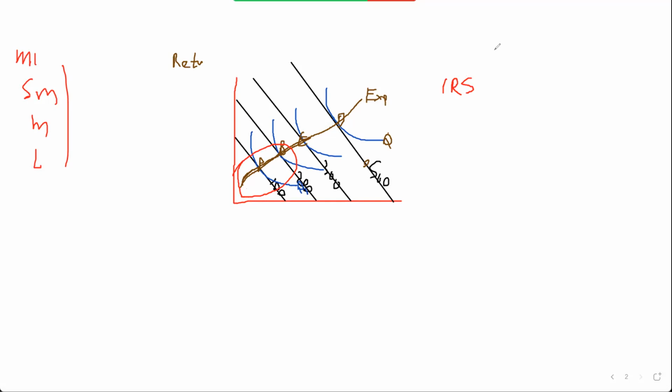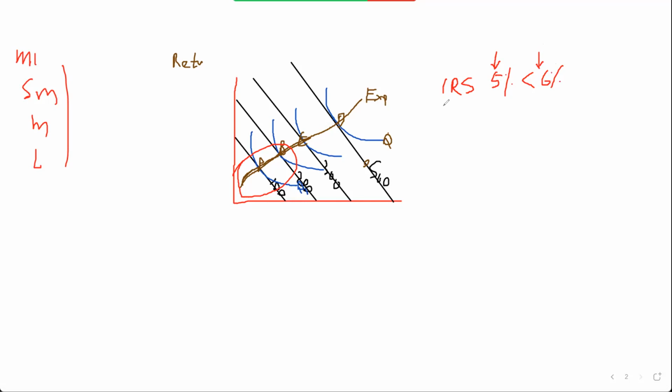For example, if you increase all the inputs by 5%, output increases by more than 5%. Let's say like 6% or more than 5%. So that situation we call increasing returns to scale.